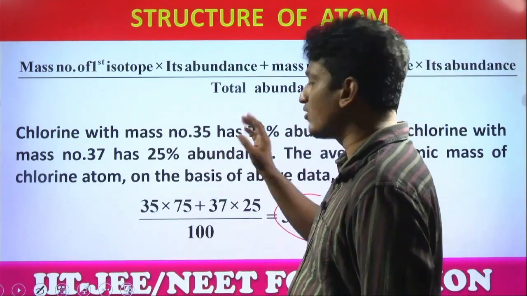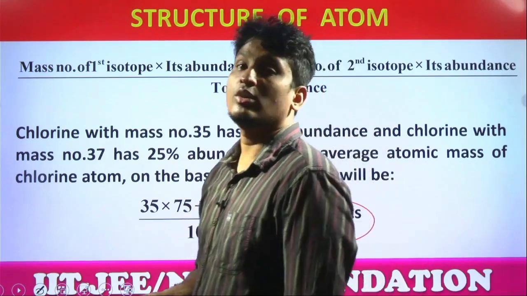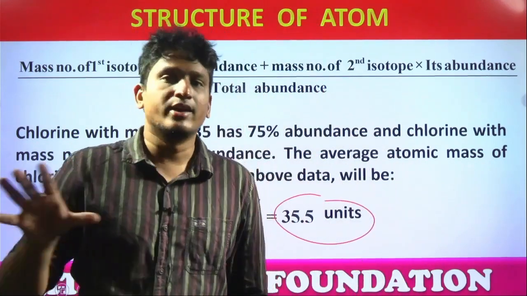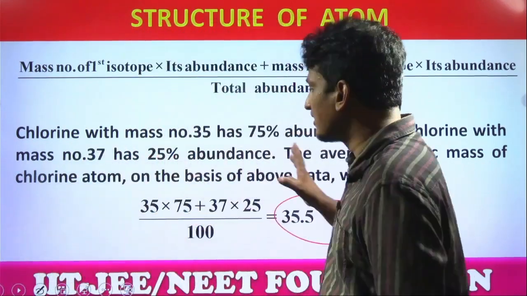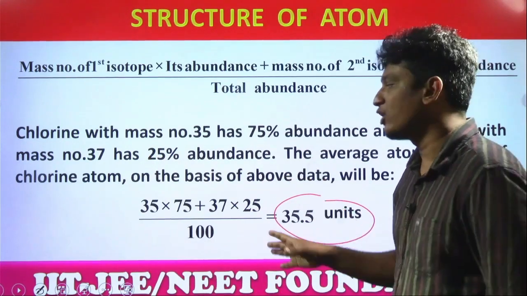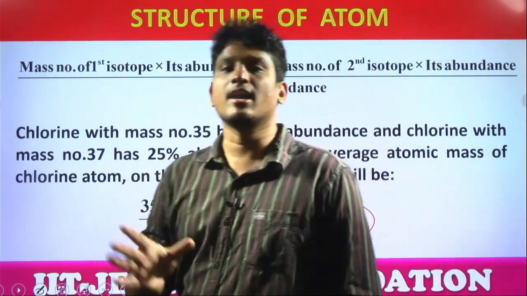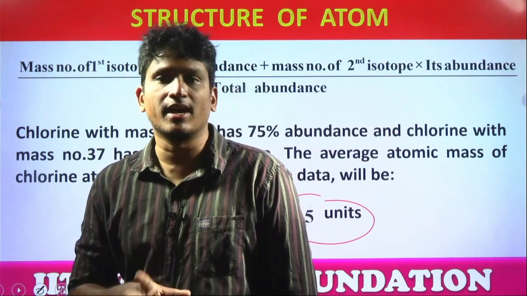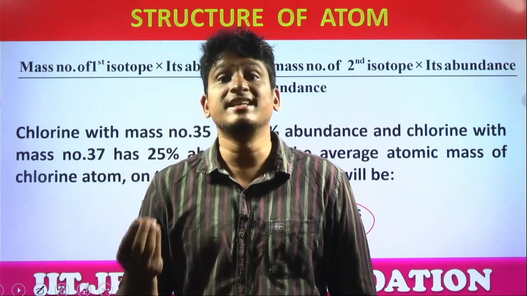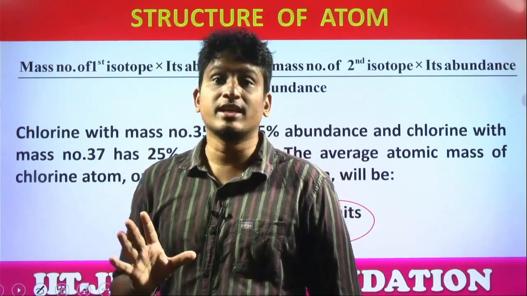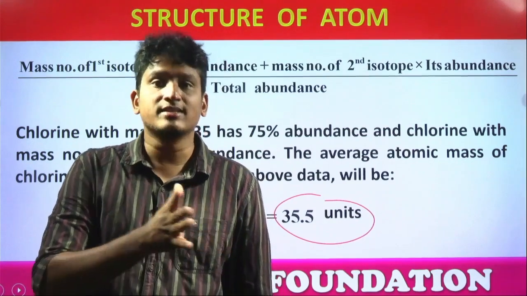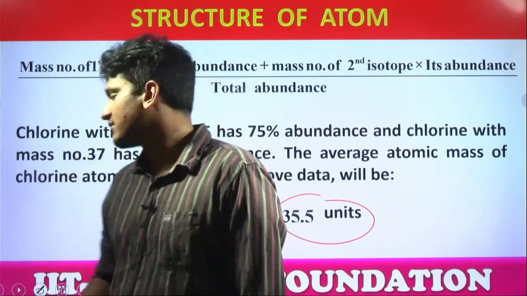Can we say only 35? No. You have to include all the isotopic masses and take the average relative mass. This is called relative atomic mass, 35.5 grams. That's the reason why we have atomic masses in decimals for the elements. We are taking the average of all these isotopes into their percentage of abundance.